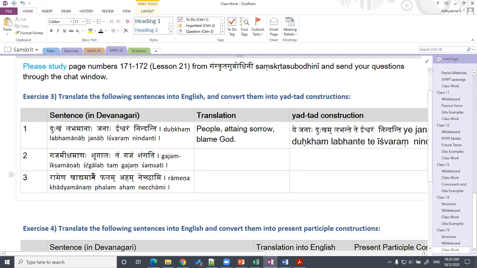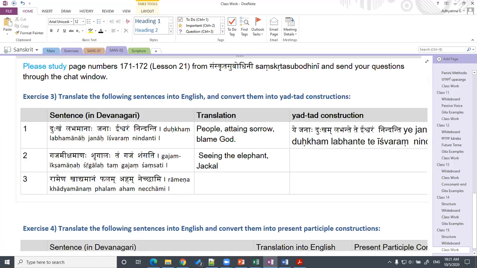So Gajam Ikshmanaha, seeing the elephant. So the jackal who is seeing the elephant, he is praising that elephant. So the way you will do it: seeing the elephant, the jackal praises that elephant.